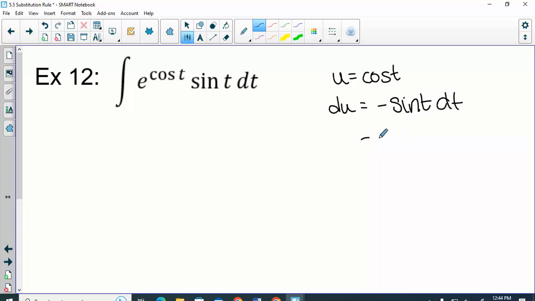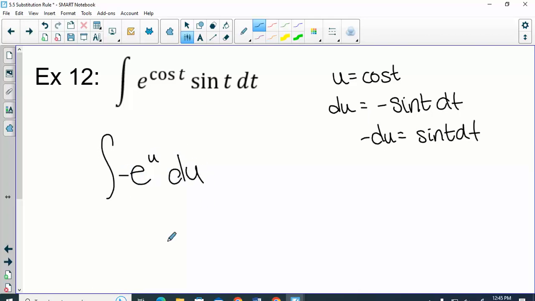We don't need the negative, so negative du be the sine t dt. So we have the integral of e to the u, we get a negative and a du. What's the antiderivative of e to the u? What else does this one need? Plus c. I put one on there without limits just to make sure you remember you have to put the plus c, and since I don't have anything to plug in, I have to go ahead and replace my u.